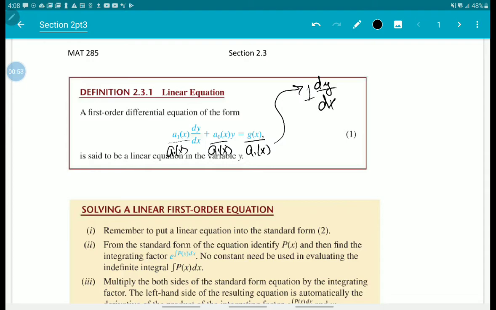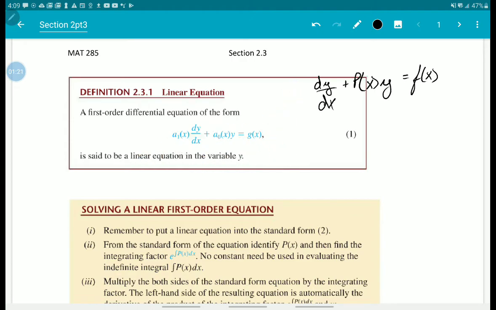Notice we've got that 1 in front there. And then we're going to have another function here. I'm going to call it p of x. If I take a function and divide by a function, I get a new function. And then I have a function divided by a function here. It's going to give me a new function. I'm just going to call it f of x.